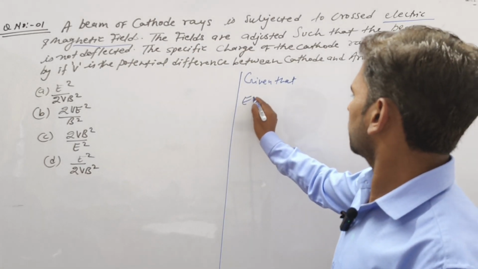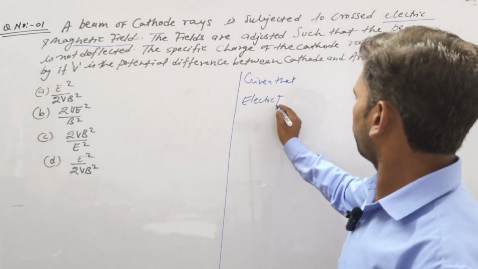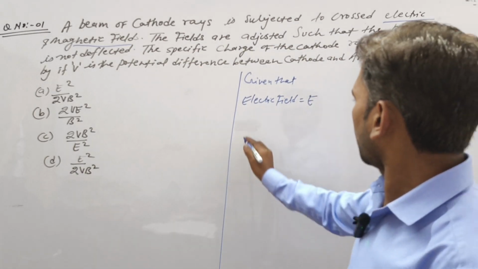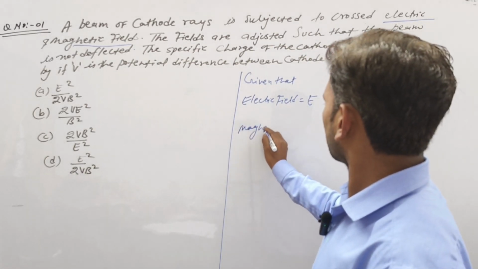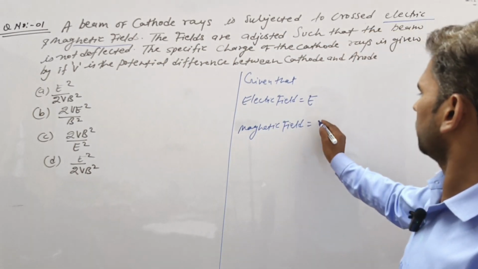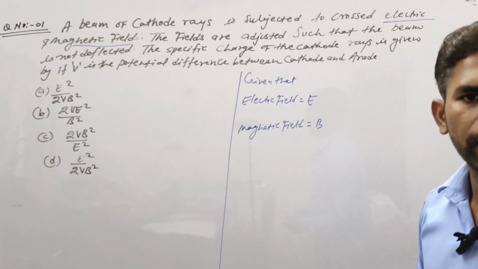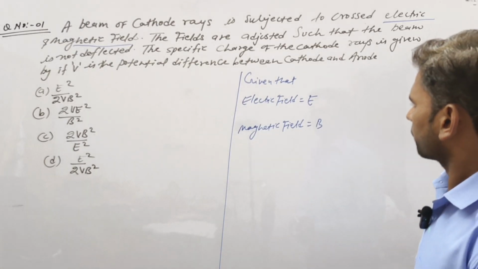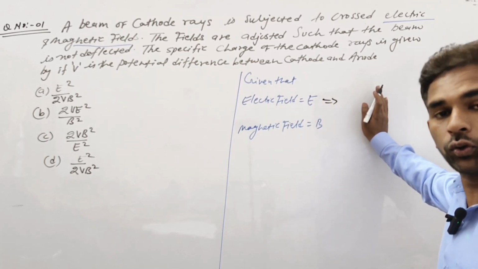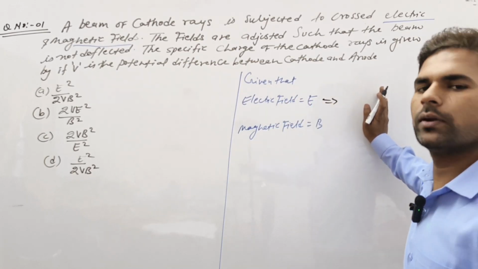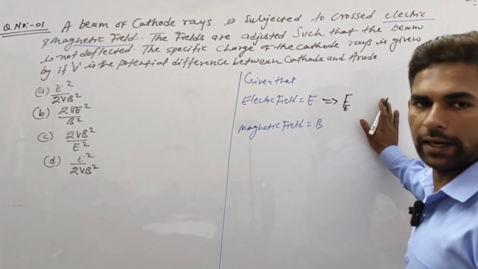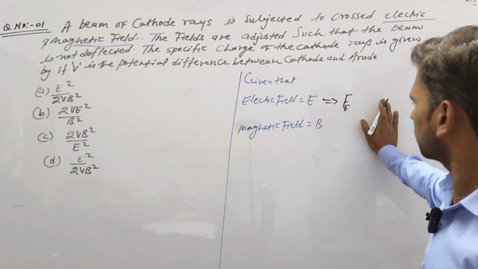You can write the electric field denoted by capital E, and second, the magnetic field denoted by capital B. You know very well, please remember one thing: if there is an electric field, then due to the electric field there will be an electric force, which you can call FE.